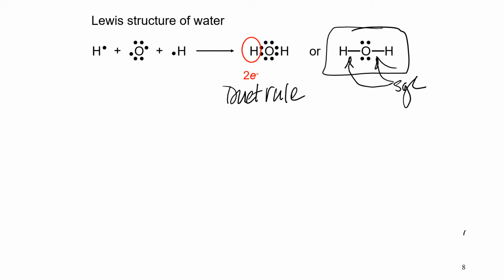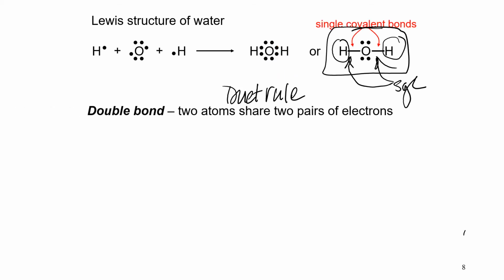And because of this, hydrogens are always terminal atoms. And what I mean by that is they're always on the periphery of the structure. They will never be a central atom because they don't make more than 1 bond. Okay?